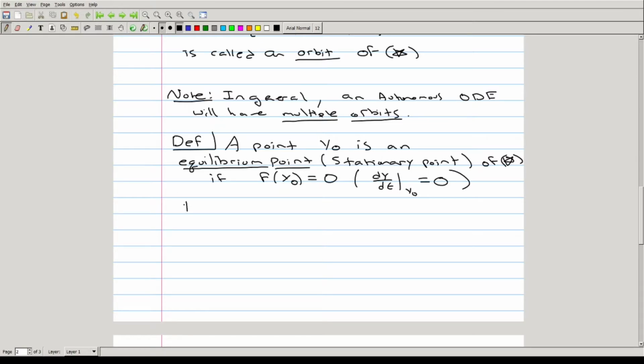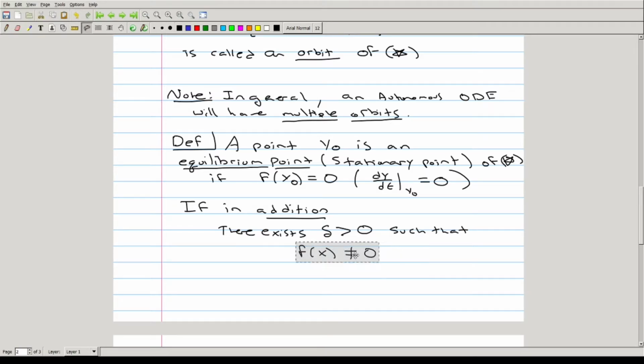Additionally, if in addition there exists some positive delta greater than 0, where delta is a real number, such that f of y is non-zero for all y such that the absolute value of y minus y naught is less than delta and greater than 0.